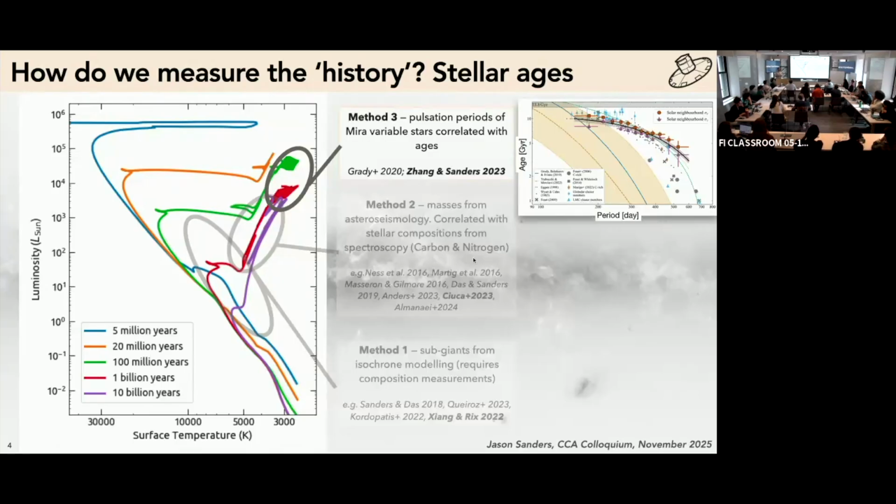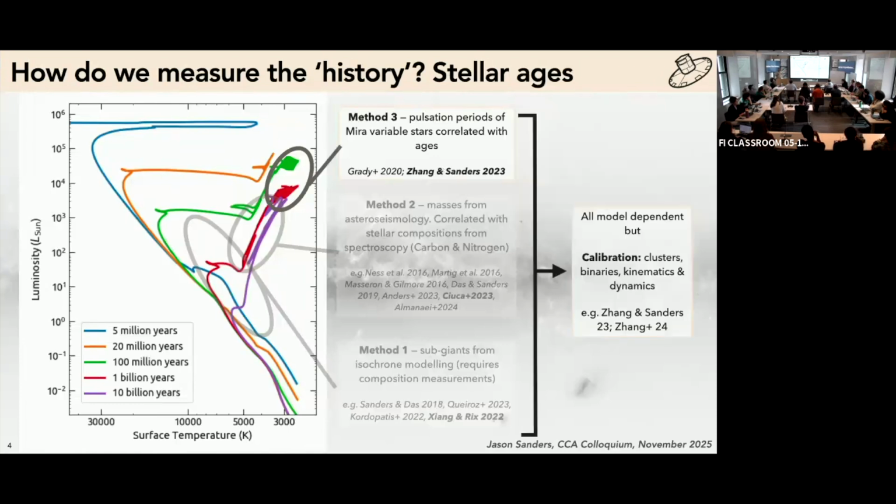This then gives us a very interesting way to probe environments where we need to really see the very bright stars like those at the top of the giant branch in order to get any kind of resolution. So I'm going to show, for instance, results from the very inner galaxy where we can only really see this population of stars.